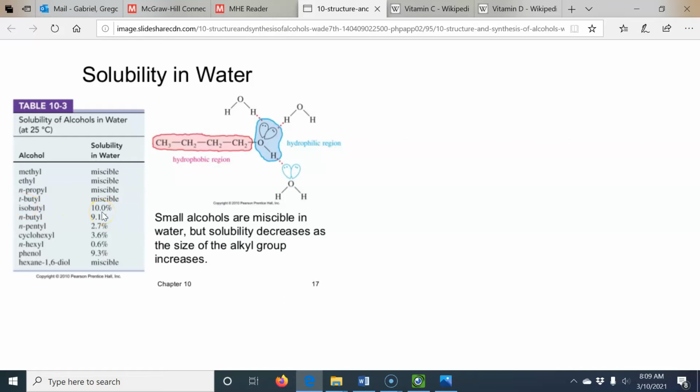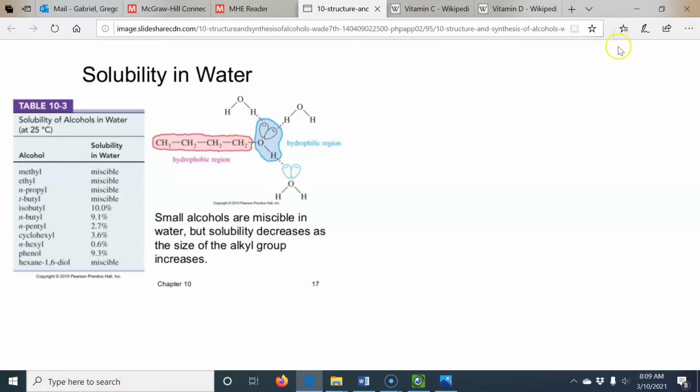It drops to only 10%, I think by volume. So 10 milliliters to 100 milliliters of water, that's the maximum limit. We had pentanol, or in this case, n-pentyl alcohol, down to 2.7. So really, I'm counting carbons and oxygens, and specifically carbons and OH groups.